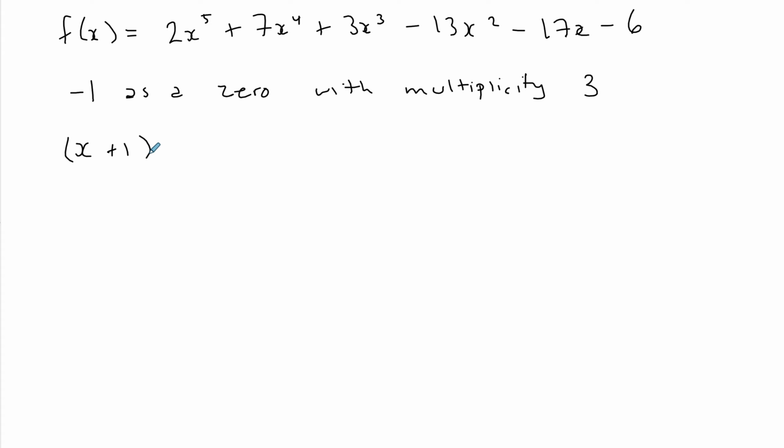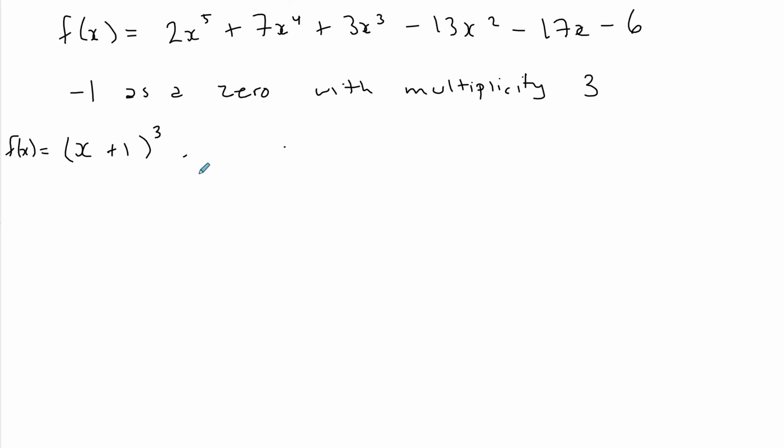So I can divide f of x by x plus 1 three times successfully. So I can rewrite f of x as x plus 1 cubed, and then I'll have one more expression to the power of 2, as long as the powers add up to 5.